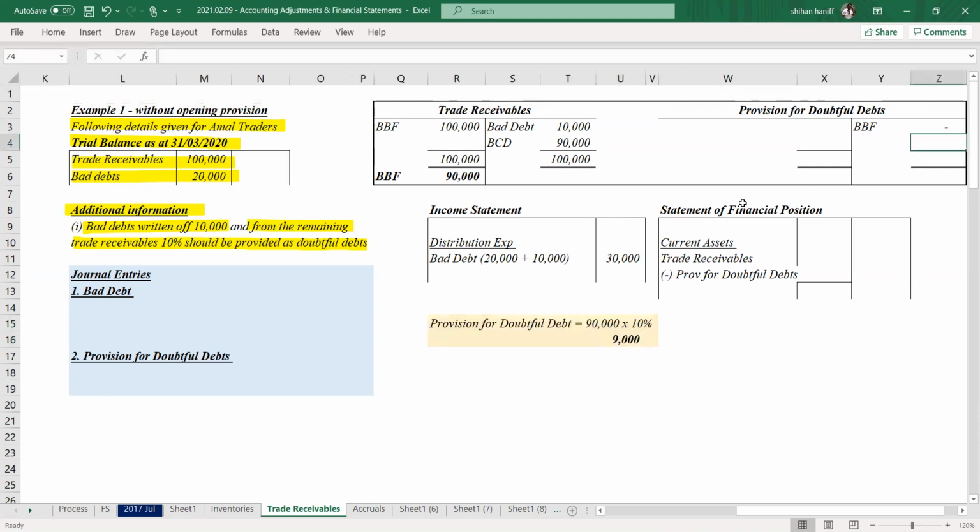Double entry: provision account credit 9,000, income statement debit 9,000. So the closing balance is 9,000.